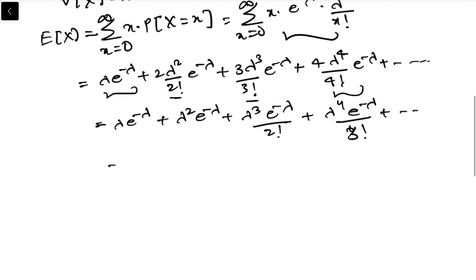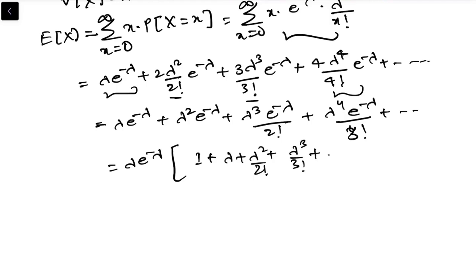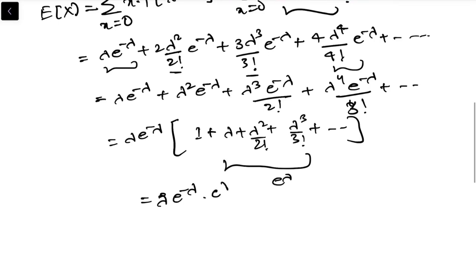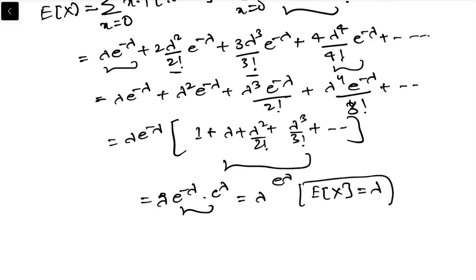Now we can take lambda e to the power minus lambda common. This is 1 plus lambda, this is lambda square by 2 factorial, lambda cube by 3 factorial, and so on. So this is simply e to the power lambda. So lambda e to the power minus lambda times e to the power lambda, this becomes 1, so this is lambda. So expectation is lambda. This is how we can derive the expectation of Poisson.